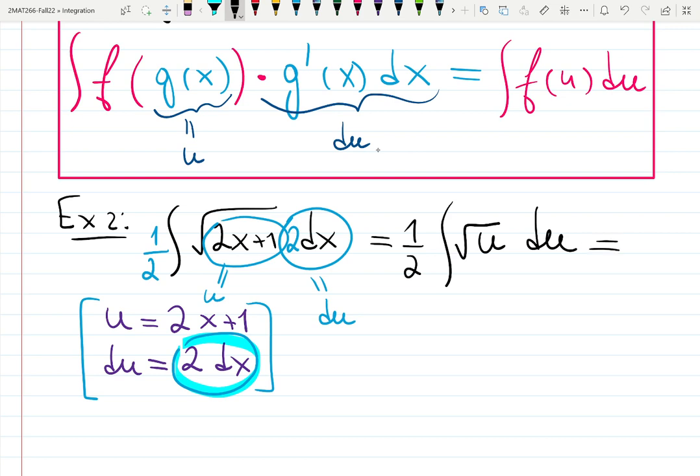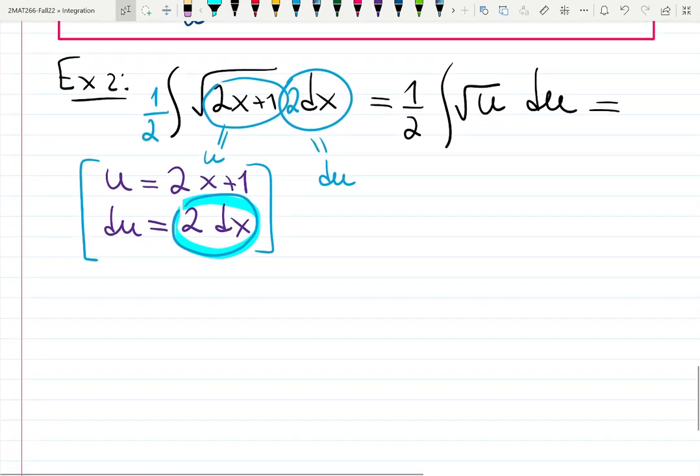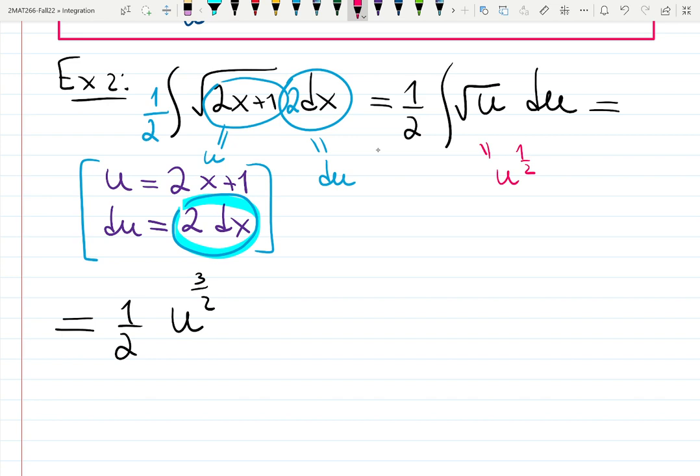We know how to integrate square root of u. We did it last time in the previous class. It's going to be u to what power? 1/2. Then 3 halves. Exactly. So you rewrite this as u to the 1/2, and then you integrate it. So u to the 3 halves divided by 3 halves plus c.